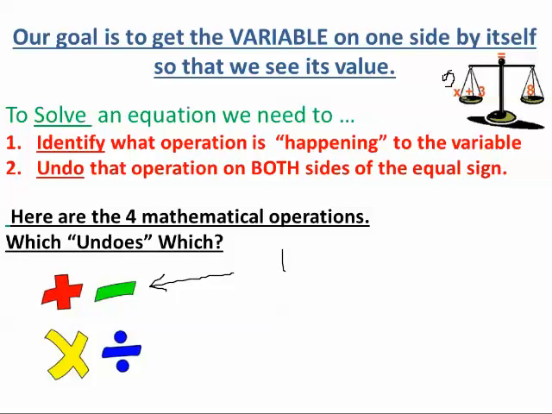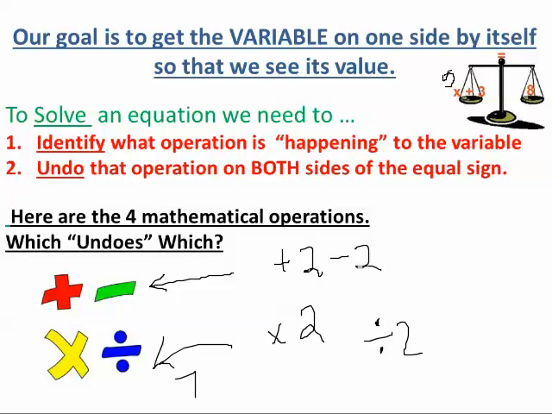In other words, if I say plus 2 and then minus 2, I'm back to 0. I've undone it. And multiplication and division will undo each other as well. They are inverses. Meaning this, if I take something and I multiply it by 2, and then I also divide it by 2, I'm back where I started.